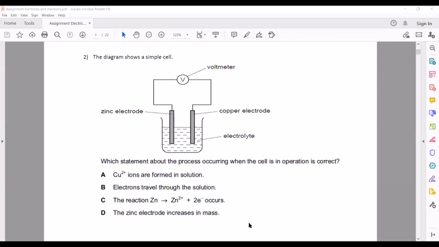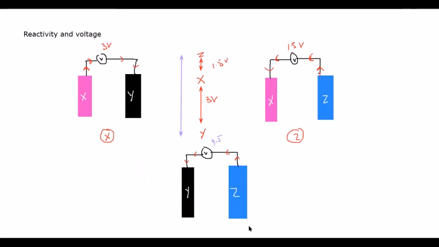In what case will you subtract? It depends. Like, another example. If you have electrodes, this one is say Y and this one is Z, and a voltmeter.